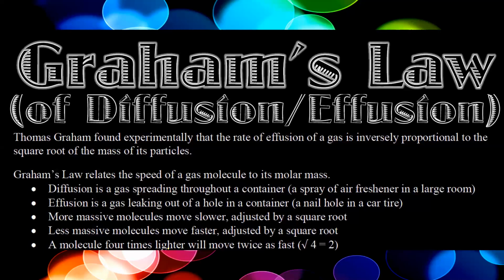Less massive, that is lighter molecules, they're going to move faster, okay? Again, there's the square root in there. So it's not like, oh, it's twice as light, so it's going to move twice as fast. It's not that way. What it really is, a molecule that is 4 times lighter will only move twice as fast because the square root of 4 is 2.